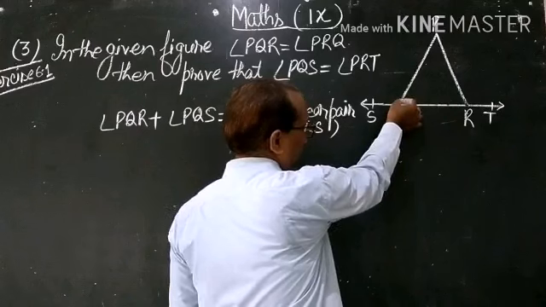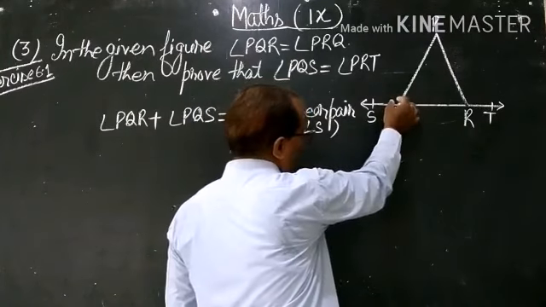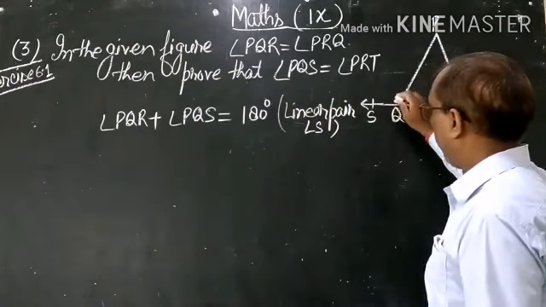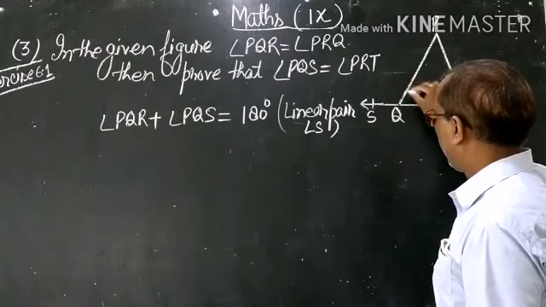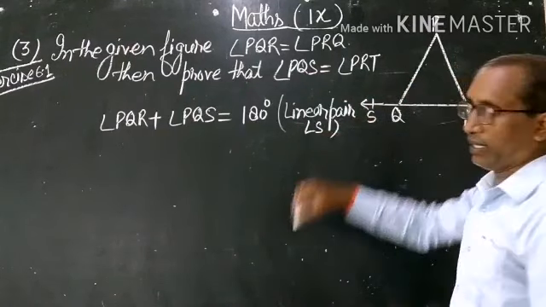Therefore, at point Q, we make 180 degree by these two angles.